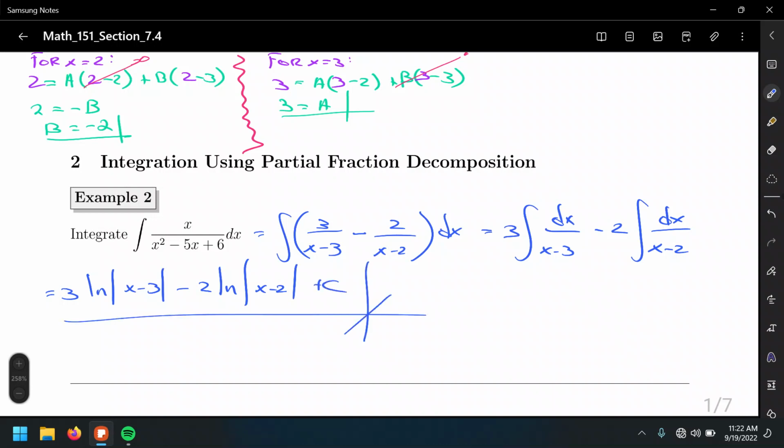And that's the final answer. Yes? Can we combine the logarithms? You can combine the logarithms. You're not required to do that, but if you want to, that's fine. So that would be one giant logarithm. Yeah.